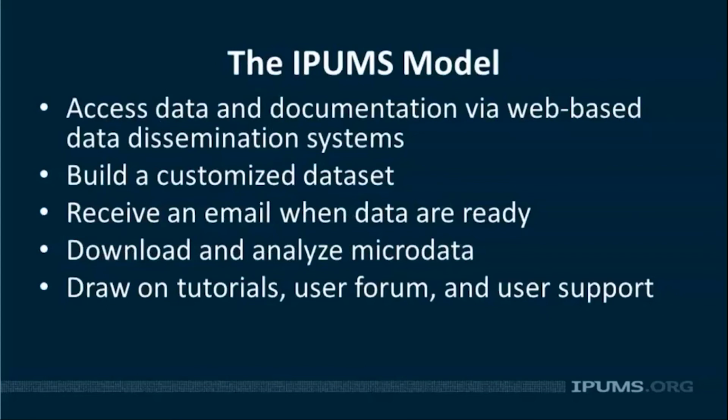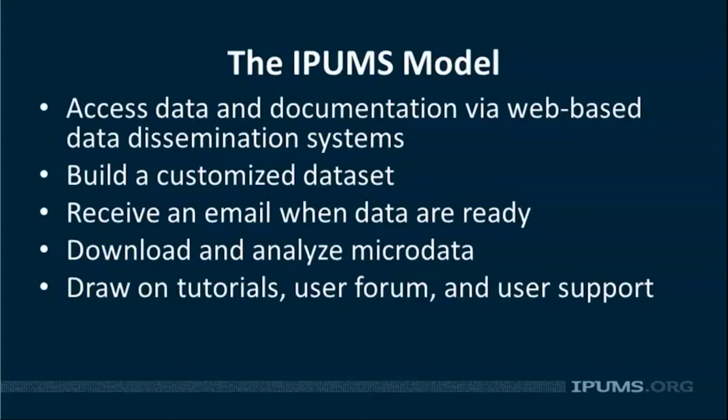Once that customized data set is ready for you to download, we send you an email. You download the data at your convenience and analyze it in a statistics package. We also have extensive tutorials for using our system, a user forum where you can ask questions and browse previously asked questions, and a user support team dedicated to answering IPUMS user questions, typically within a couple of business days.